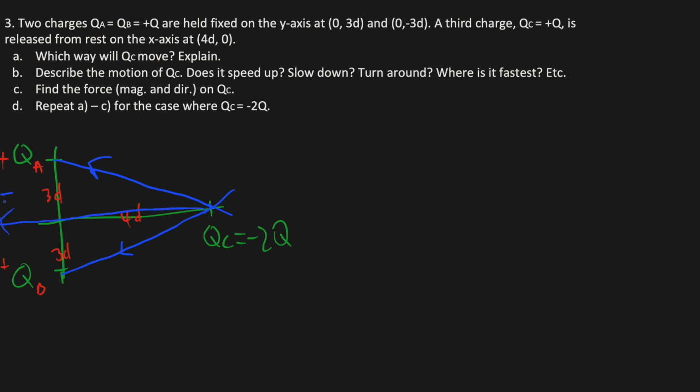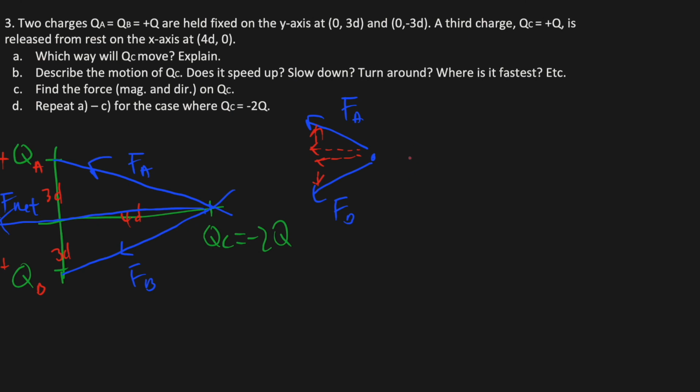So here, F net. So let me redraw this picture here. So you know this force is FA, and this force is FB. And then you can separate them into different components: horizontal component, vertical component. And the vertical component cancels off.